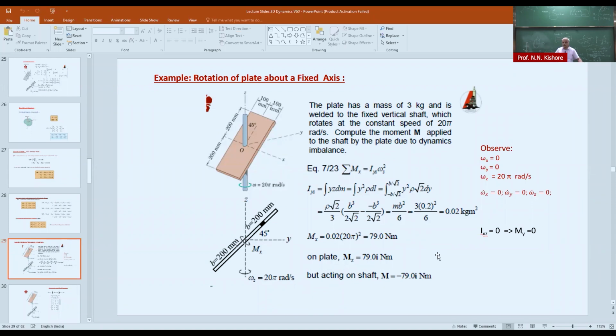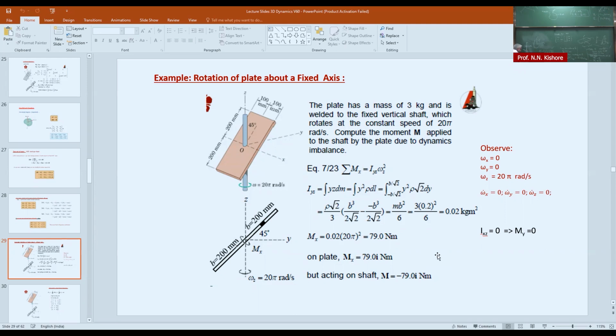So bearings have to apply that kind of forces or moments. So what kind of things do we require? You require a force here and a force here, and this force should be in the direction of y, right? So that you can generate a moment Mx.